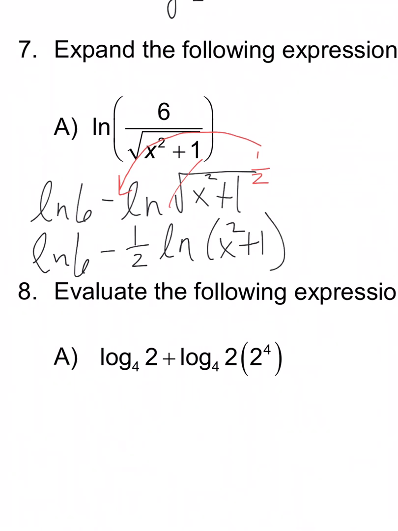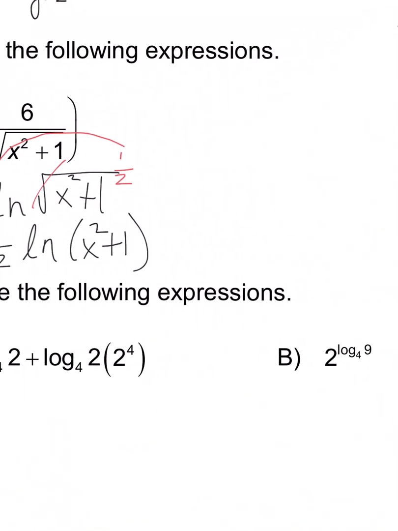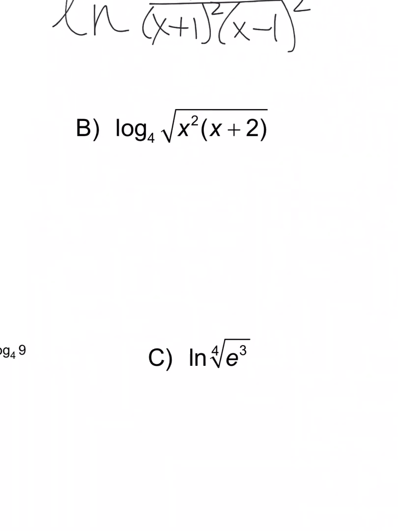There's nothing I can do with that x squared plus 1. Just a note that for addition in the condensed form, there are no properties for that. So we leave that as is, and we think of that all as one term. Not that there's anything to do with that, I just wanted to give a description of what, in my estimation, is a correct way of thinking about that argument.